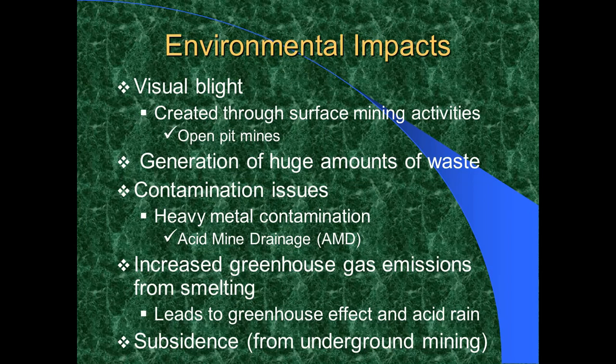Generation of huge amounts of waste? Yep. Contamination issues? Yep. Greenhouse gases from the burning of fossil fuels? Yep. And subsidence? Yes. That's not a new list, ladies and gentlemen. So it really doesn't matter whether we're mining for coal or minerals. We generally produce the same environmental impacts.